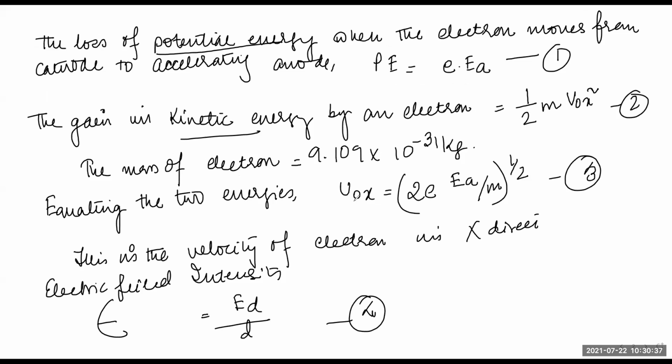ED, what is ED? Potential between the deflecting plates, and d is the distance. So see, this is the epsilon, the electric field intensity.